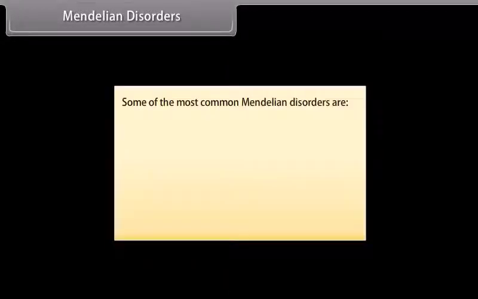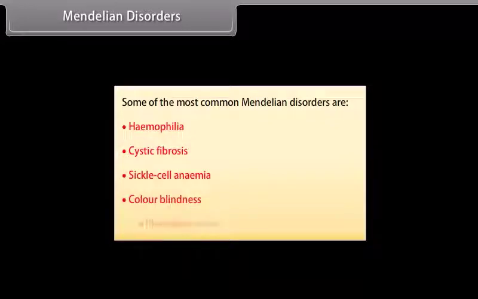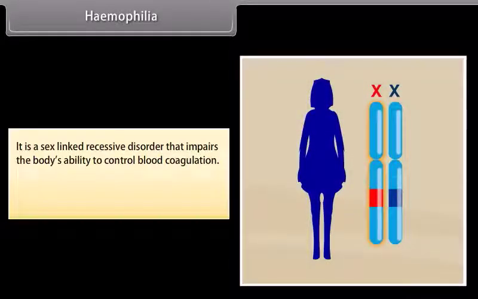Mendelian disorders. Some of the most common Mendelian disorders are hemophilia, cystic fibrosis, sickle cell anemia, color blindness, phenylketonuria. Hemophilia: it is a sex-linked recessive disorder that impairs the body's ability to control blood coagulation.